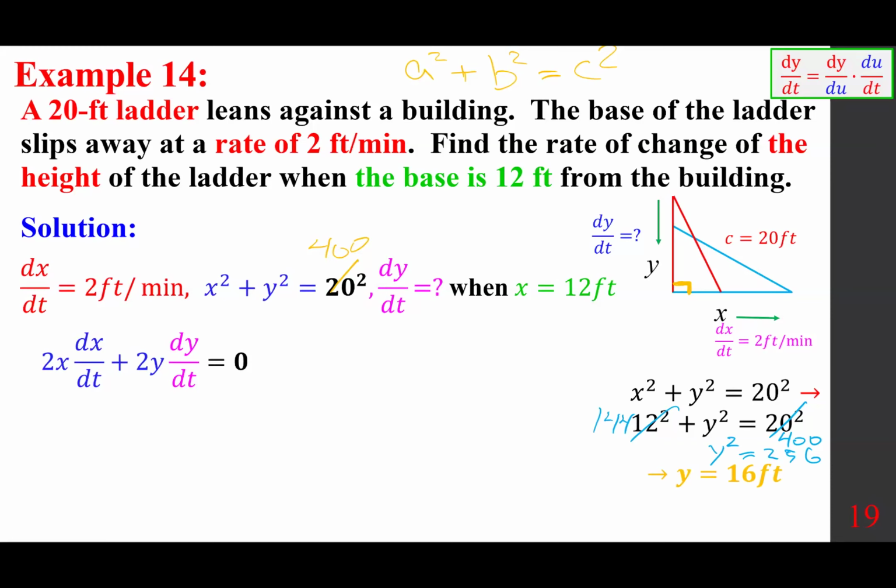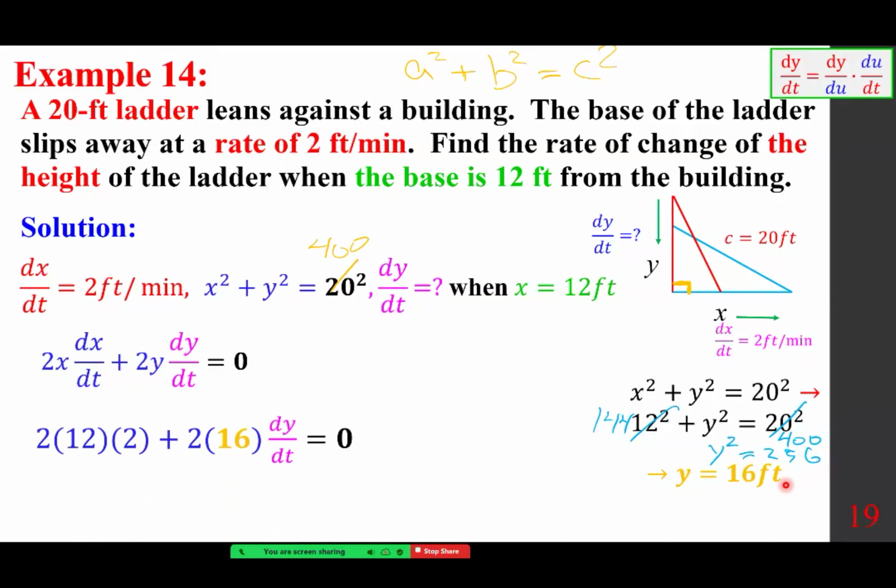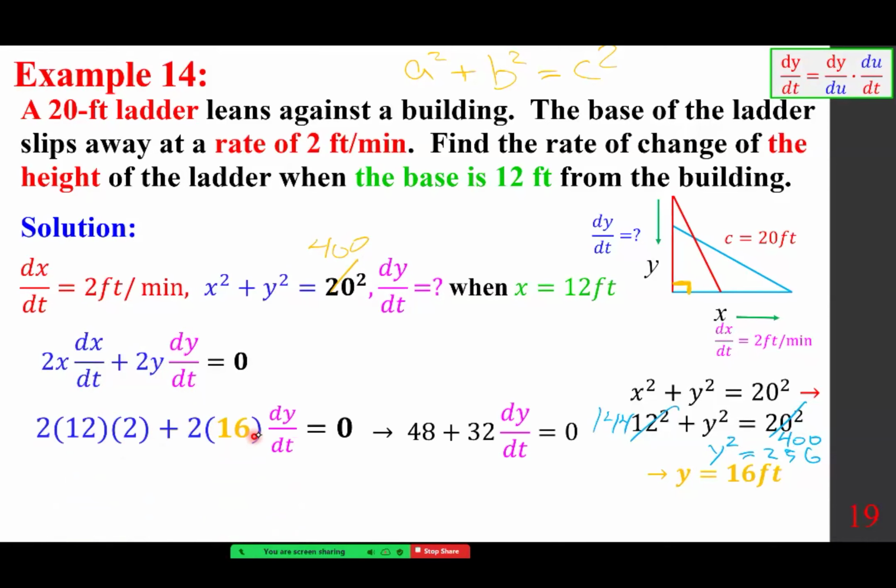We go back to this equation, and we replace the x with 12, dx/dt with 2, dy/dt is missing, y with 16. 2 times 2, 4 times 12 is 48. 2 times 16 is 32. We are going to move things around.